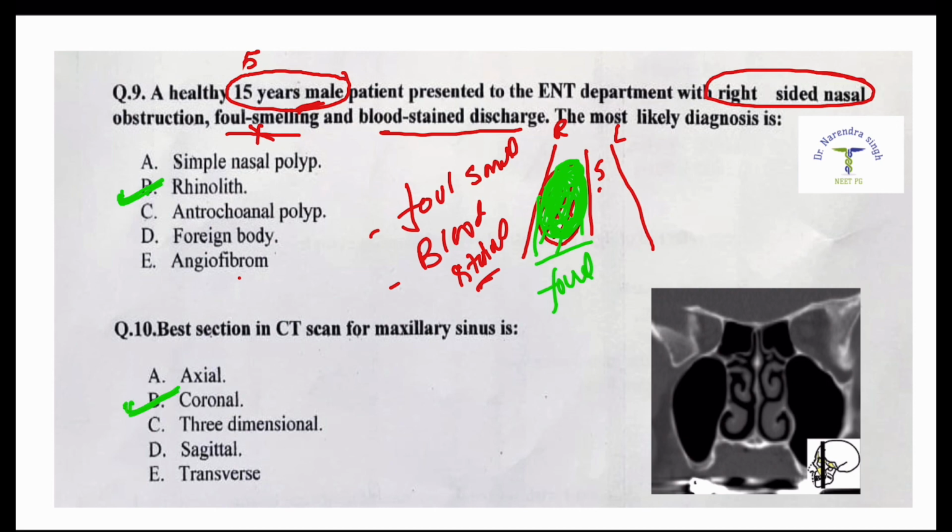We can get information on the axial and sagittal scans as well, but the correct answer here is coronal section, because in that section we get the maximum amount of information about the maxillary sinus as well as the osteomeatal complex.